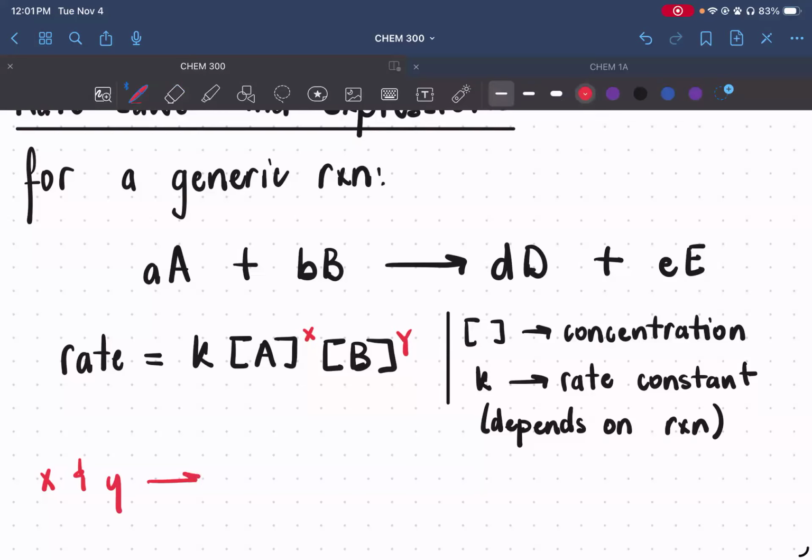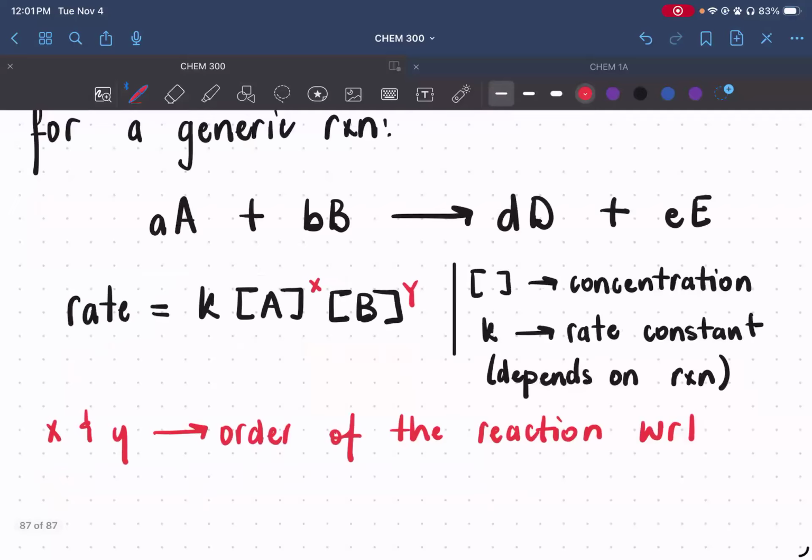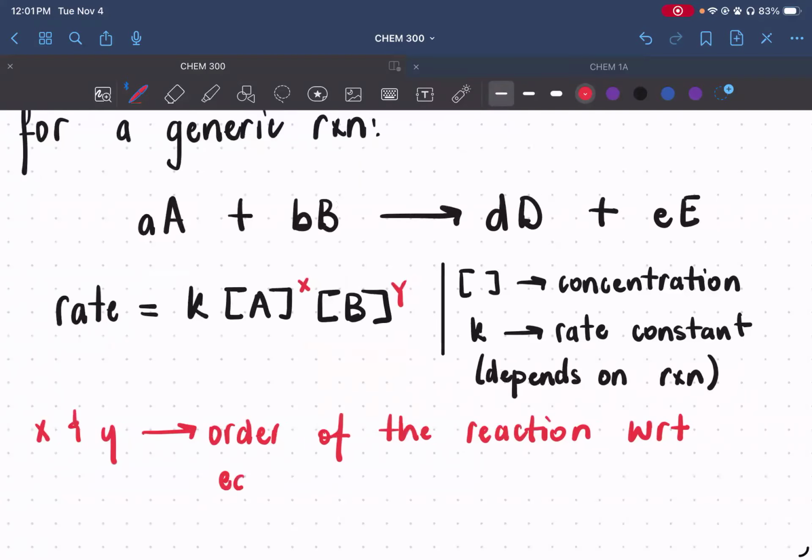X and Y are defined as the order of the reaction with respect to, here I've abbreviated to WRT, with respect to each reactant.